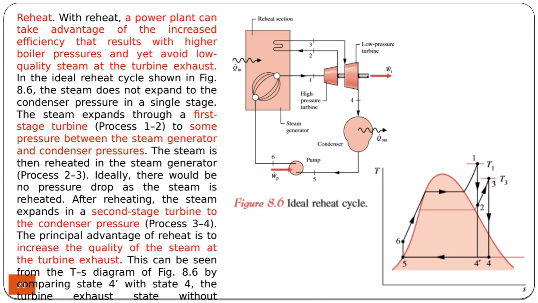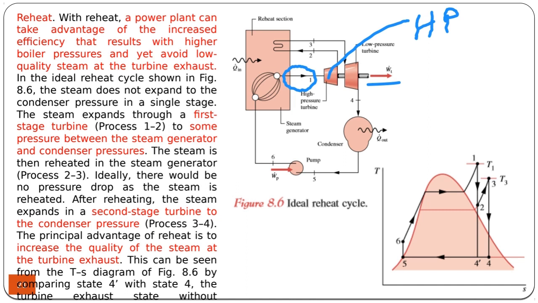So what do we do in reheat? Normally, the boiler exit is superheated. It gets into a high pressure turbine. There are two turbines connected on the same shaft.